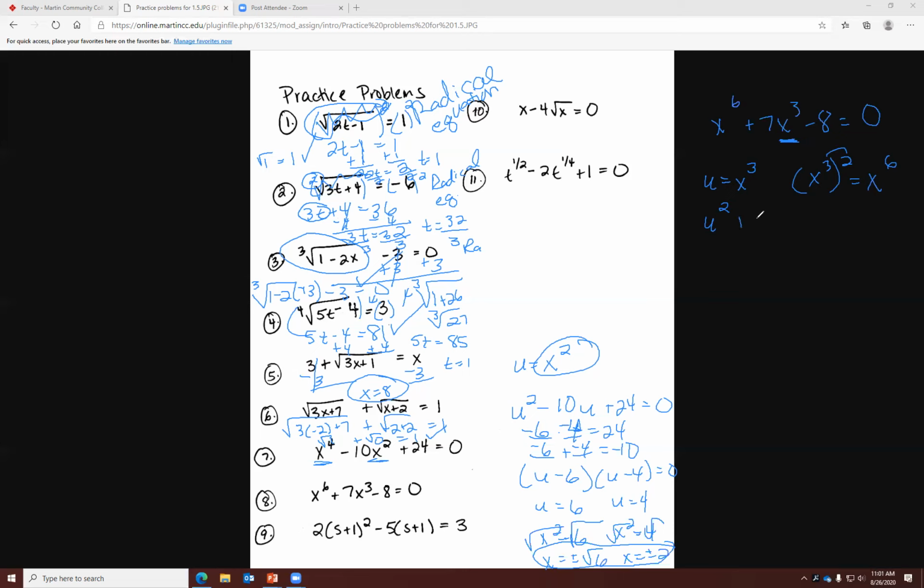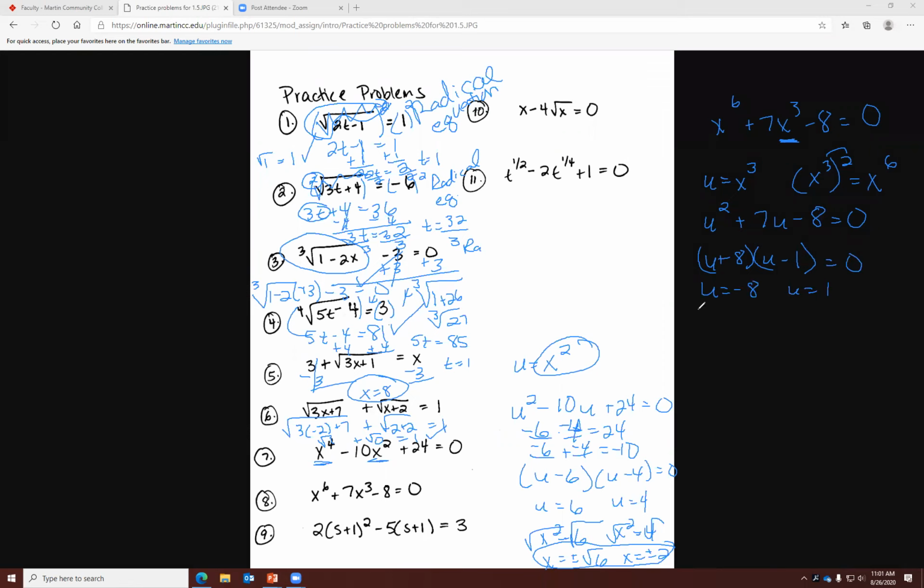So u squared plus 7u minus 8 equals 0. And then I'm going to factor this, and I know the factor is going to be u plus 8 and u minus 1. 8 times negative 1 gives you negative 8. 8 minus 1 is 7. All right, so you know u equals negative 8 and u equals 1.